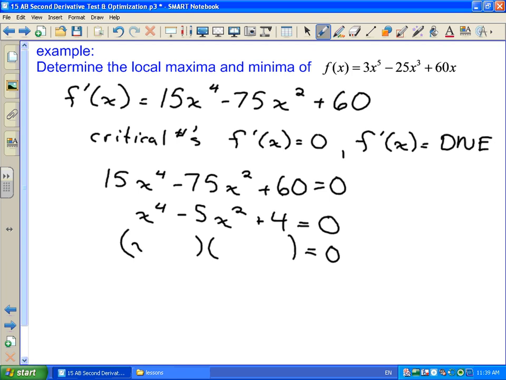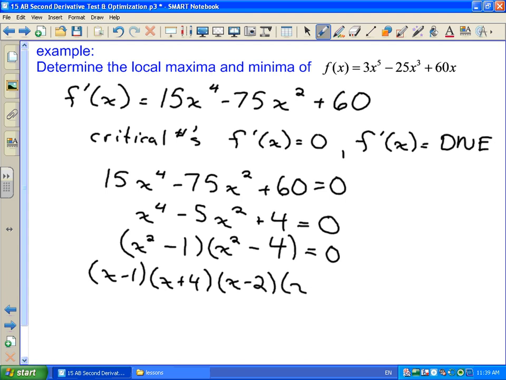We're going to have x squared, 4, 1, and they're both going to be negative. So x squared minus 1 times x squared minus 4. And then from here, we can factor it once more, because these are both differences of squares. x minus 1, x plus 1, x minus 2, x plus 2.